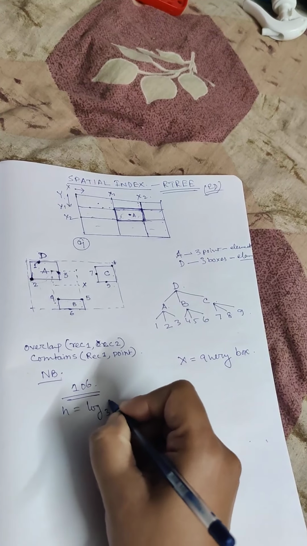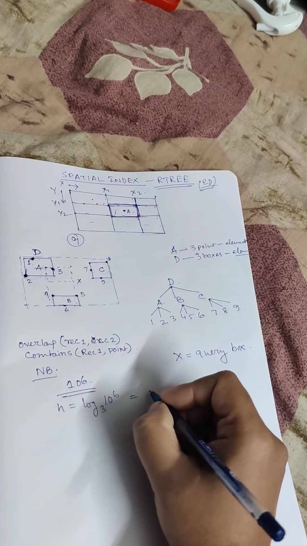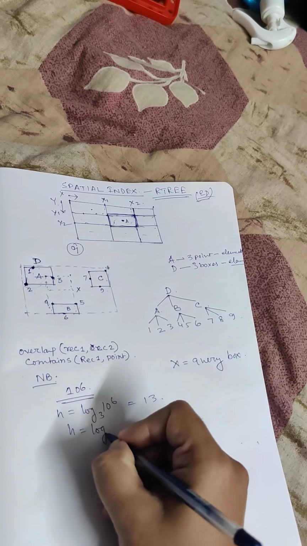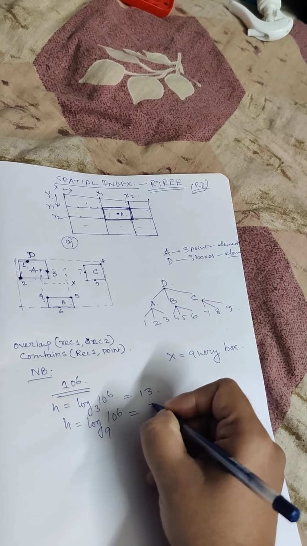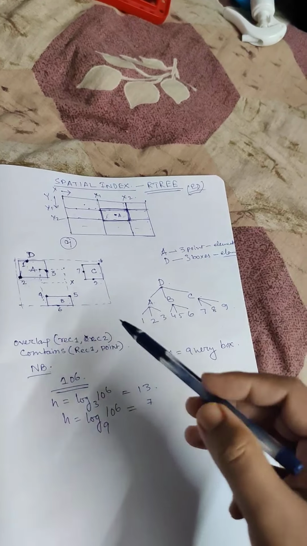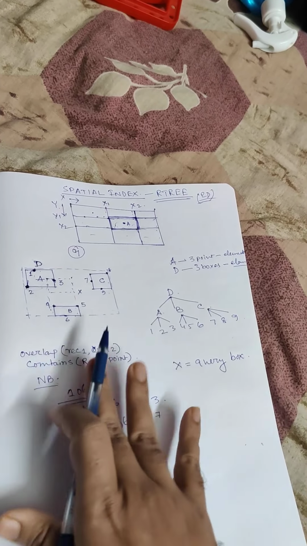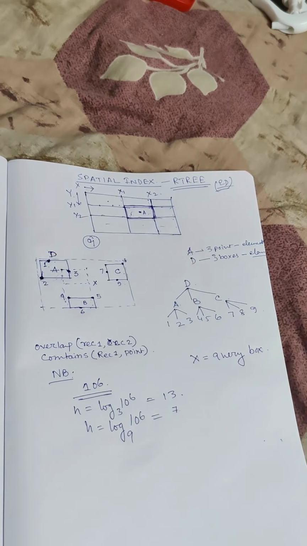It is log base 3 of 10 to the power 6, which results in almost 13. If you got log base 9 of 10 to the power 6, that is probably 7, which is very efficient. So you don't need to bother about the height, which is a good sign that your program is not taking much time.